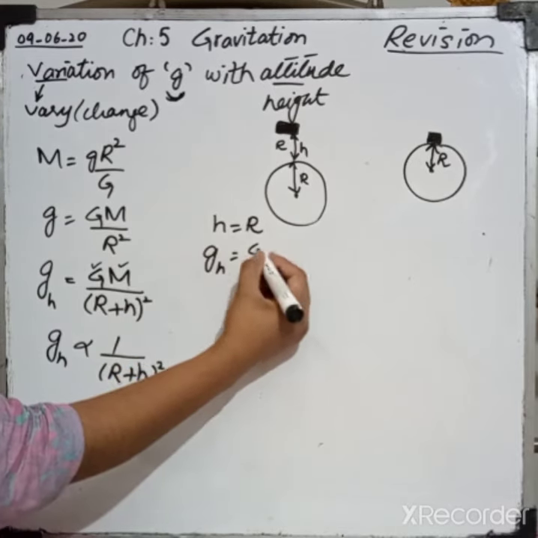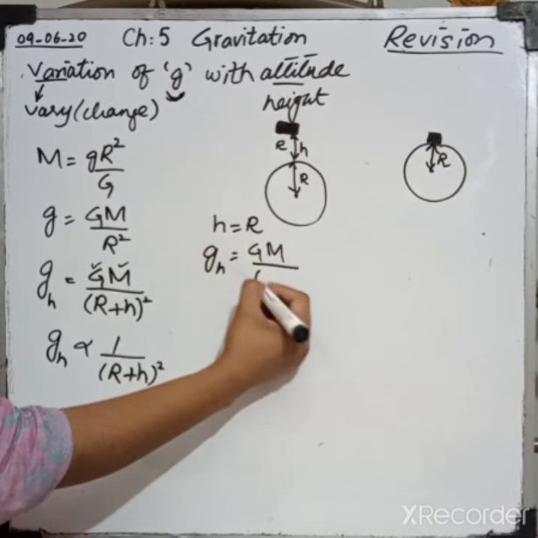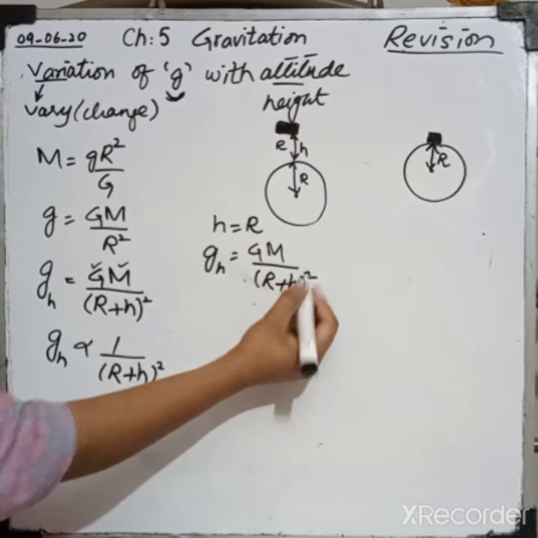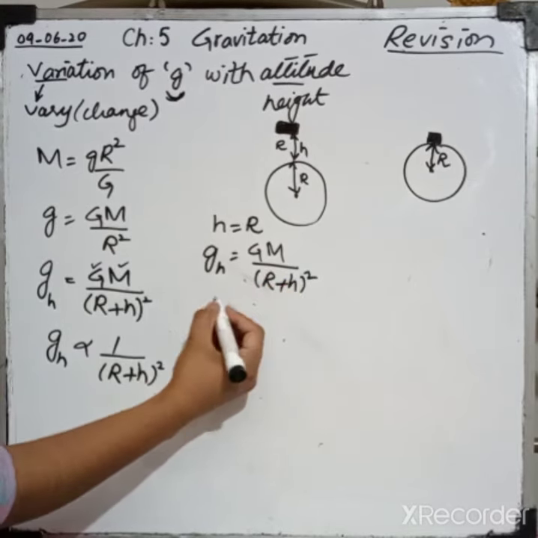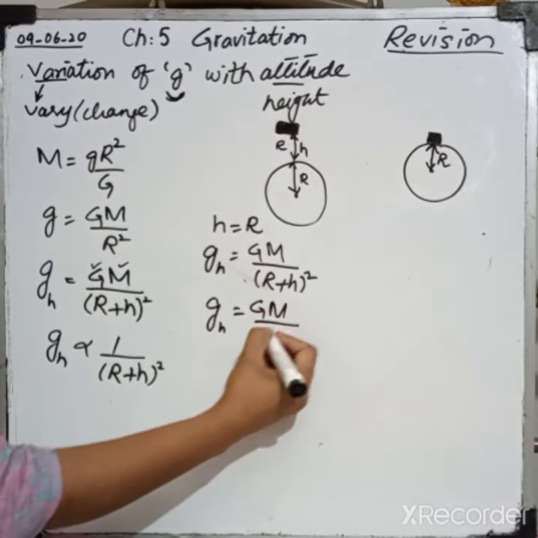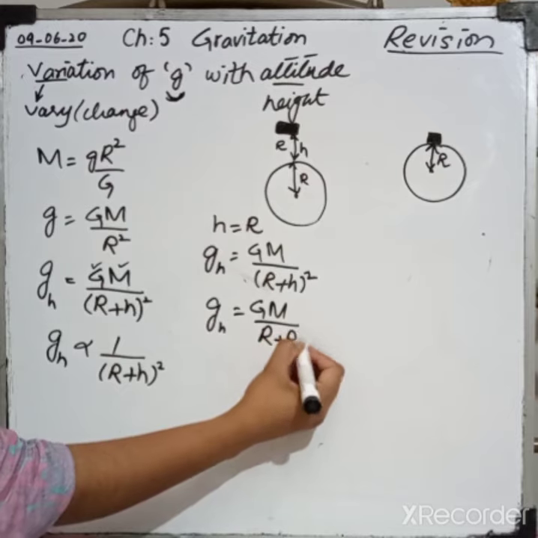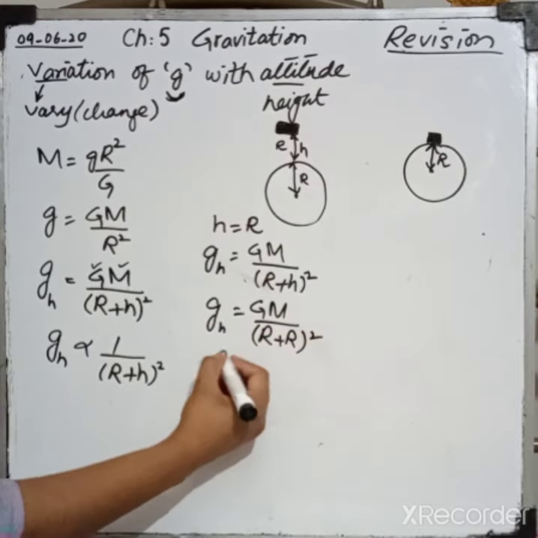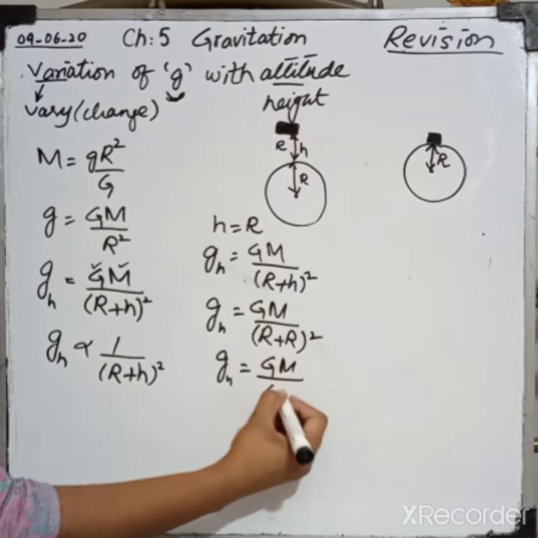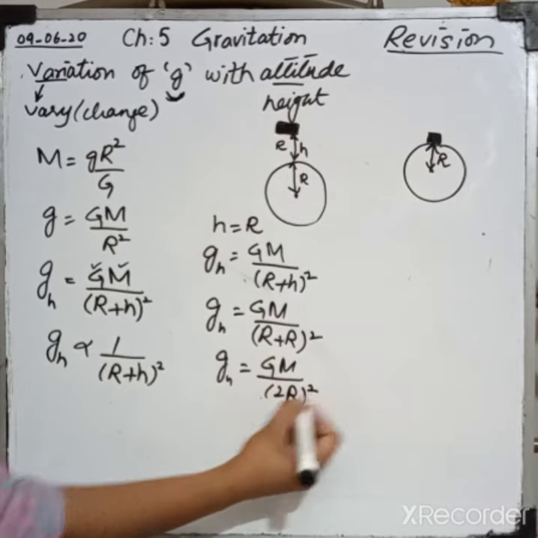So it will be GM divided by r plus h whole square. Here we have to replace this height with r. Plus r whole square, we will have gh equals GM divided by 2r square.